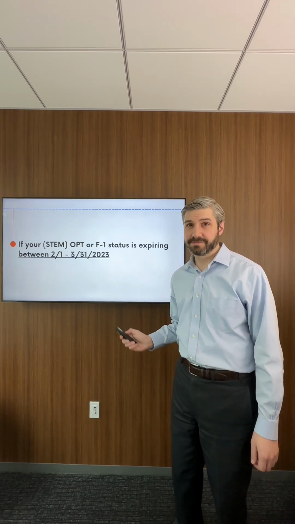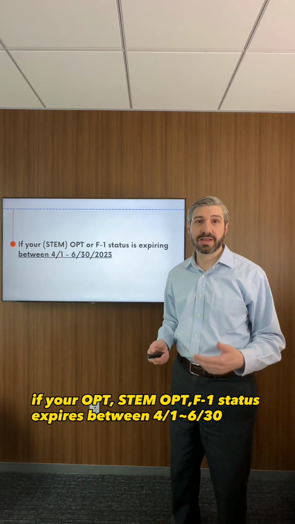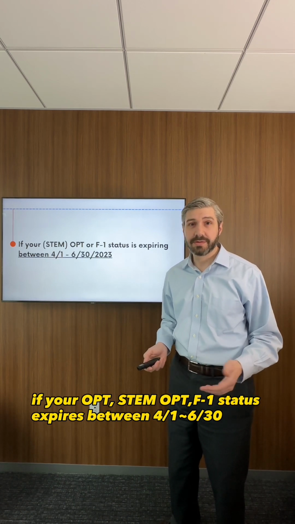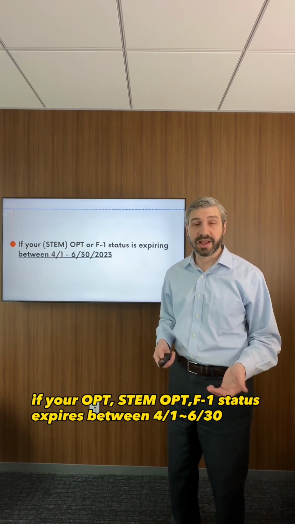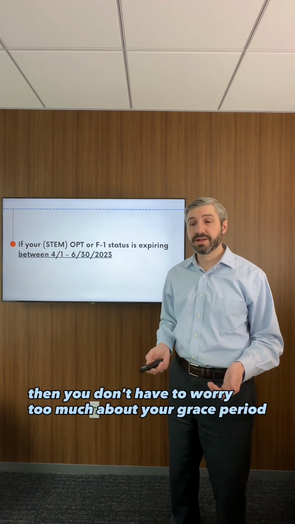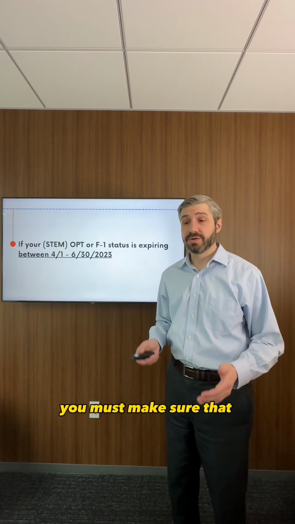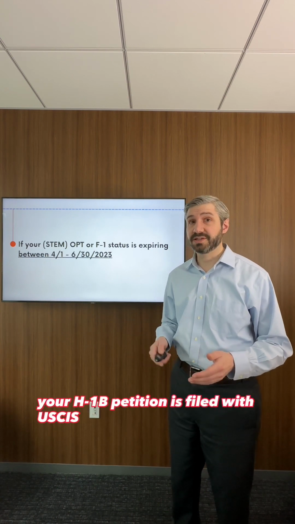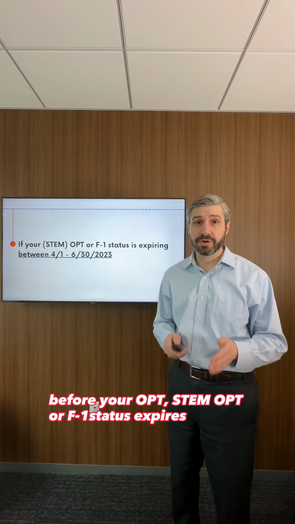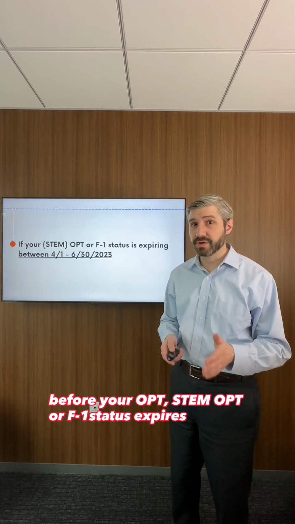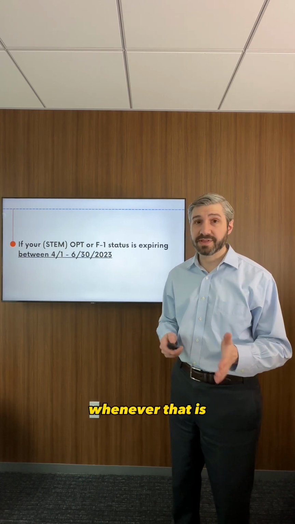The third scenario: if your OPT, STEM OPT, or F1 status expires between April 1st and June 30th, then you don't have to worry too much about your grace period, but in this case, you must make sure that your H-1B petition is filed with USCIS before your OPT, STEM OPT, or F1 status expires, whenever that is.